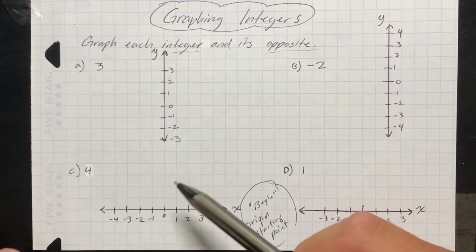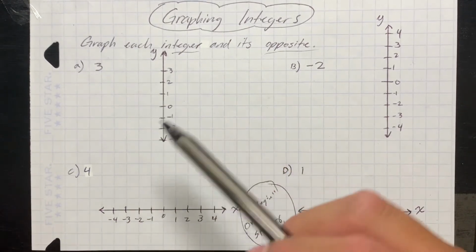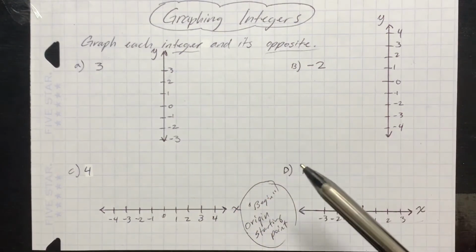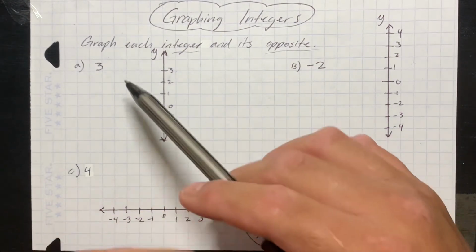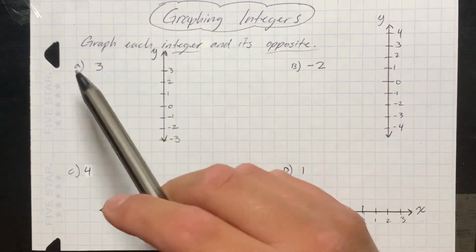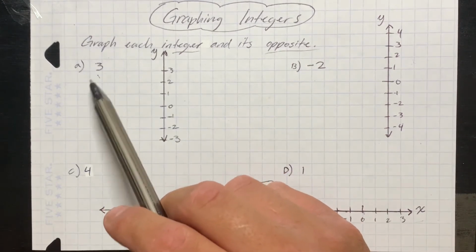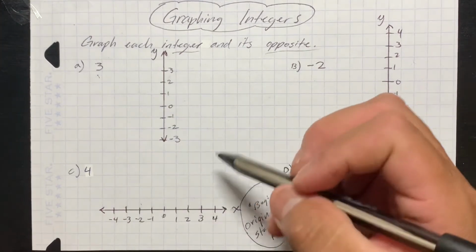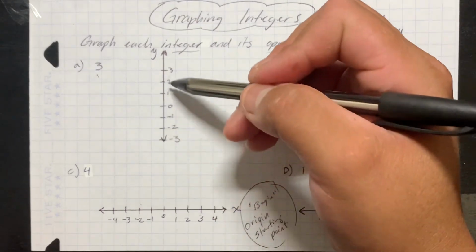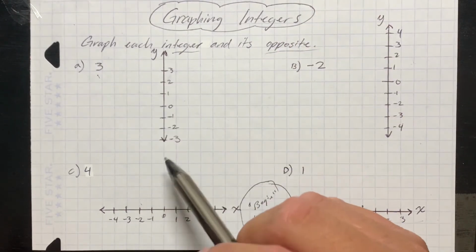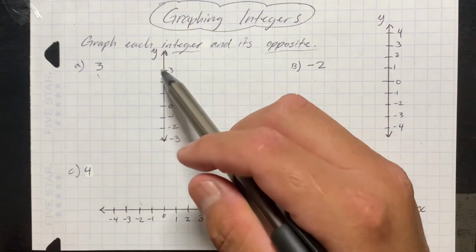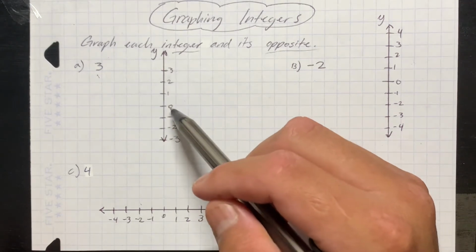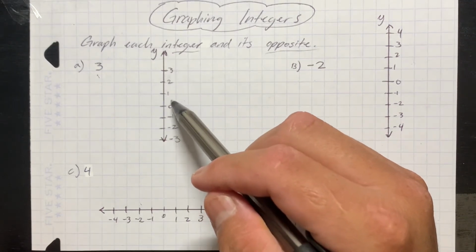So again, our directions tell us to graph these integers and their opposites. Let's look at A here. We have the number 3, and that's going to be a positive 3. Let's locate this on the y-axis, the vertical number line. Right there's positive 3. Here's your origin, your starting point.